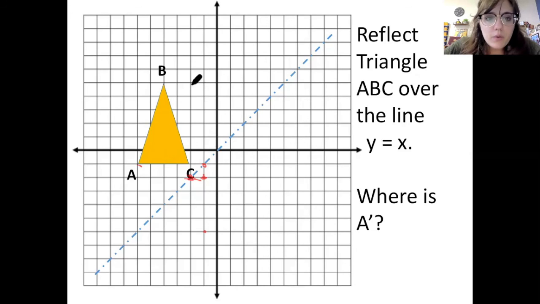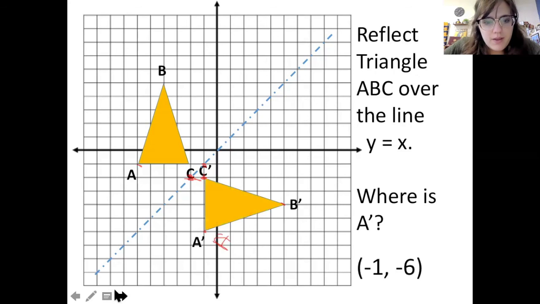Up 6 over 1, 2, 3. So I'm going to go up. 1, 2, 3, 4, 5, 6 over 1, 2, 3. And it wants to know A prime, which should be this one down here. Voila! That is our new shape.